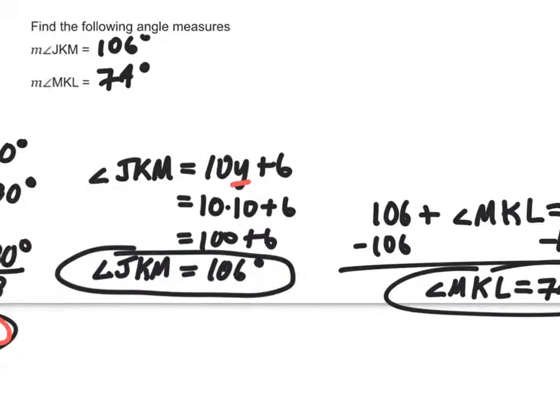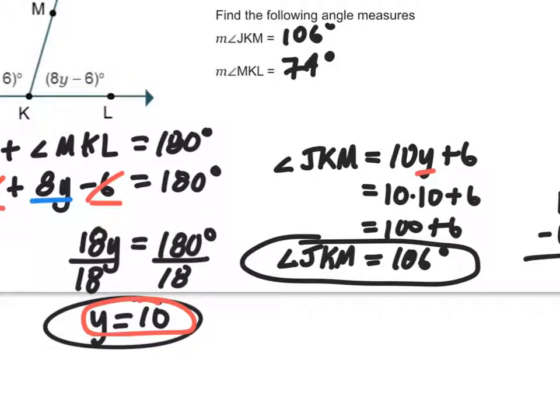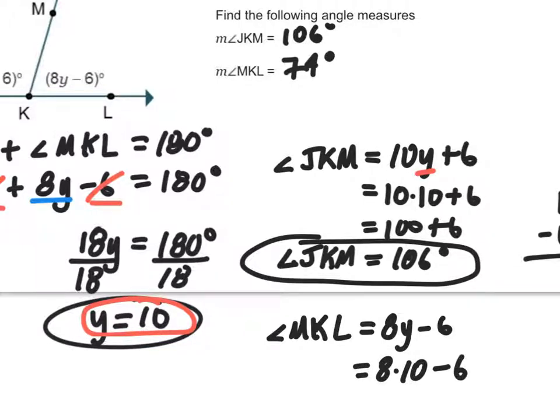Now what I could also do is plug 10 in here, and I should get a value of 74. Let's just do that real quick. Angle MKL was 8y minus 6. If I plug in 10 into that, I get 8 times 10 minus 6.